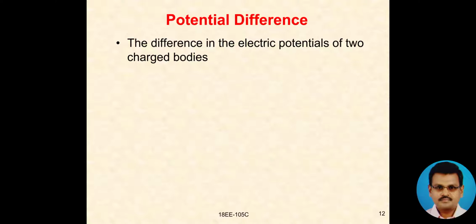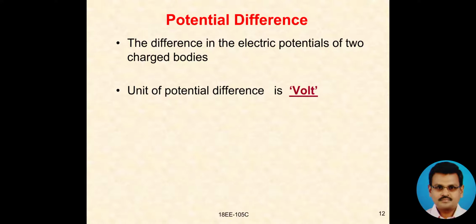Potential difference. The difference in the electric potentials of two charged bodies is called the potential difference between the 2 points or 2 bodies. Unit of potential difference is also volt.